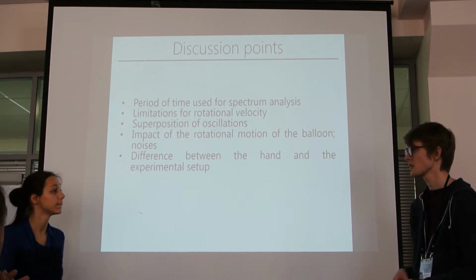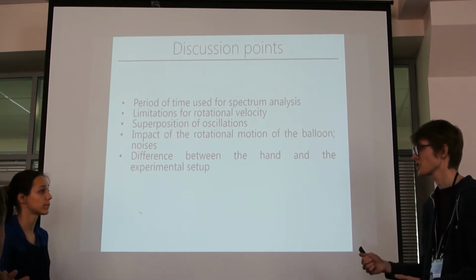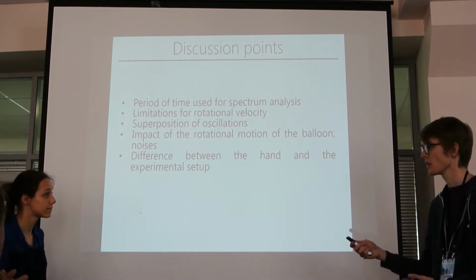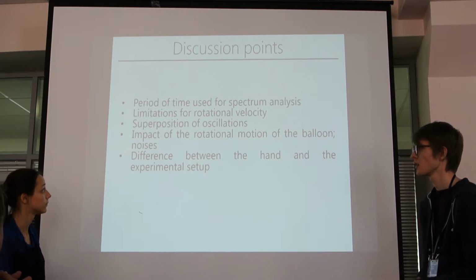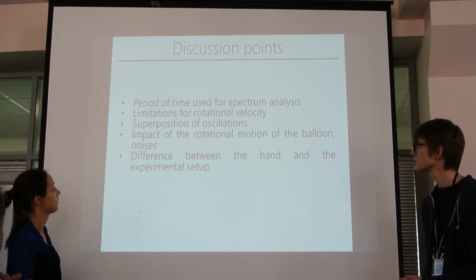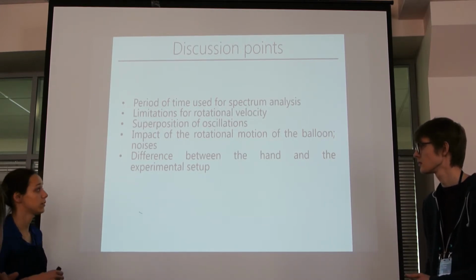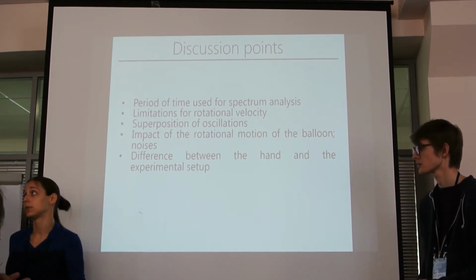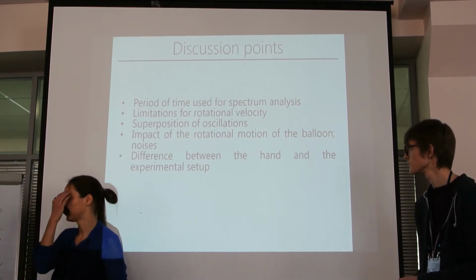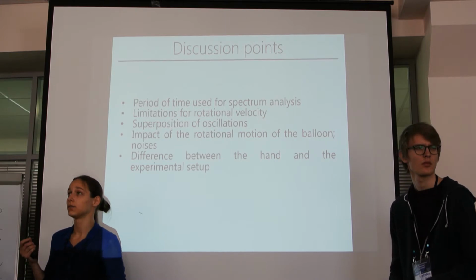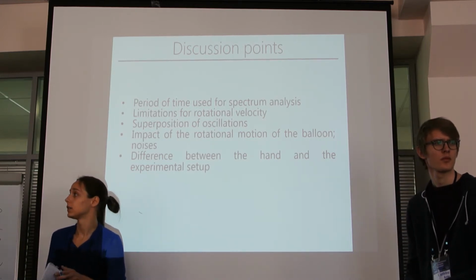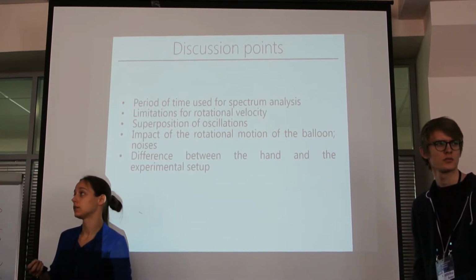And again, if I might add, I think the effects are much more negligible in front of the model we proposed. Yeah, and let's look at that. Okay, and about the difference between the hand and the experimental setup, how do you think, to the opponent, about the difference between the hand and the experimental setup? Yes, can you clarify?